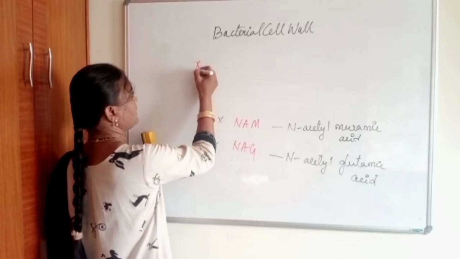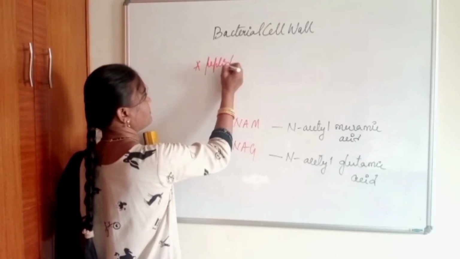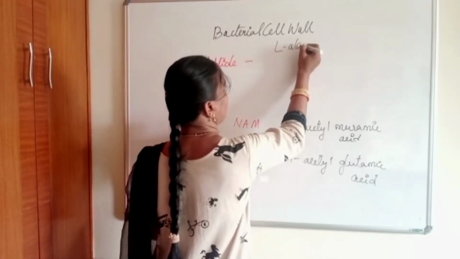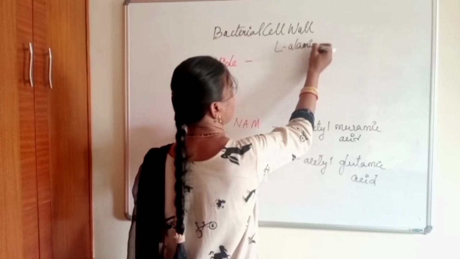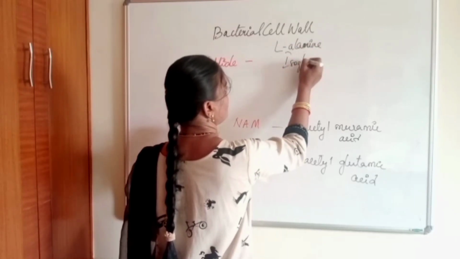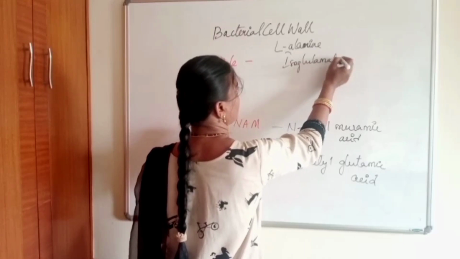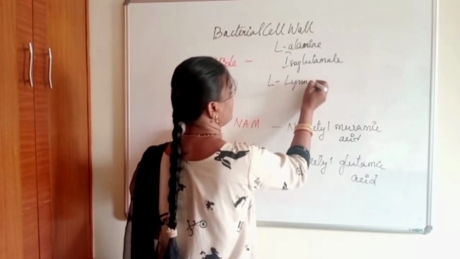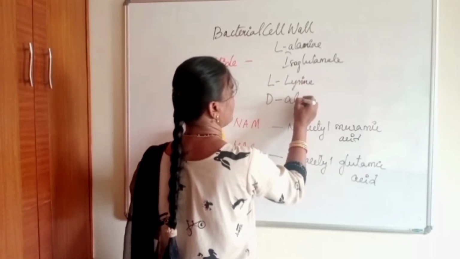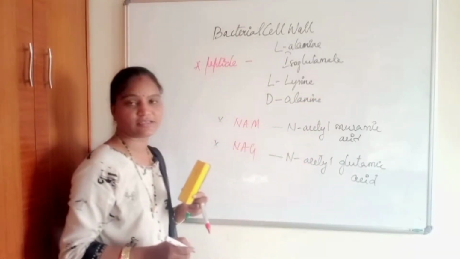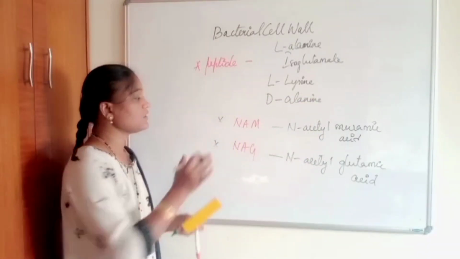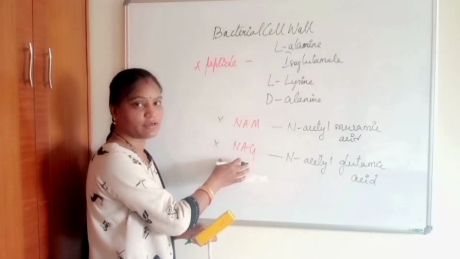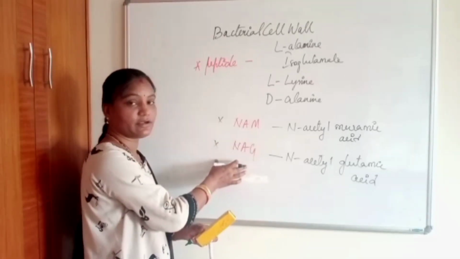That peptide linkage consists of L-alanine, isoglutamate, L-lysine and D-alanine. These are the four amino acids which cross-bridge both alternating units, starting from NAM and going to NAG.